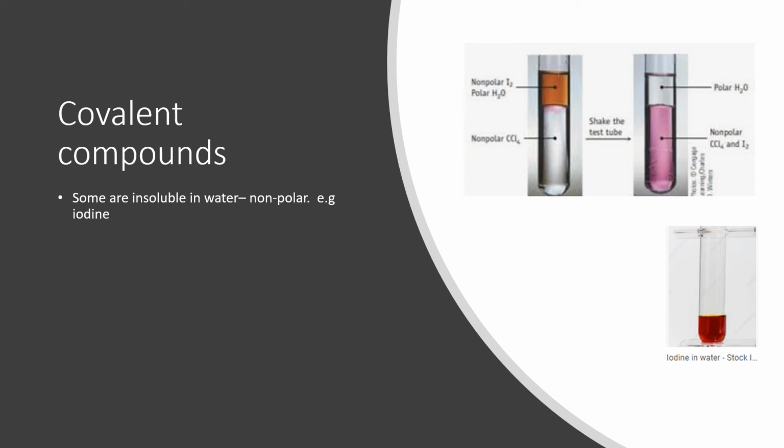That's the covalent nonpolar, such as iodine, I2. I2 we can dissolve in water using I- aqueous to form I3- aqueous. So here we have a solution of I2 in I-.